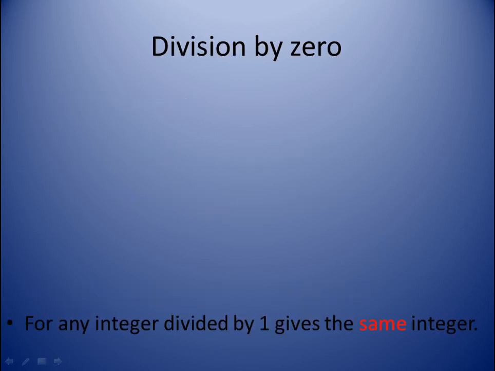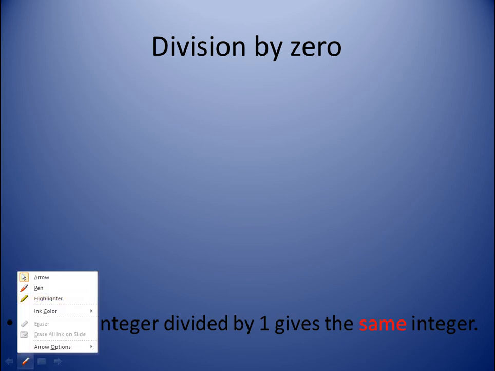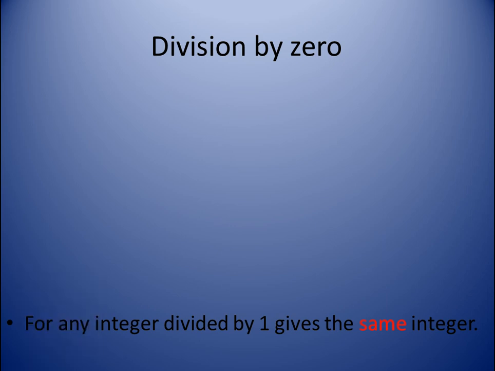Now, division by 0, you know that there are so many differences. If a by 0, there is no answer. It is infinite, meaning it is not defined.